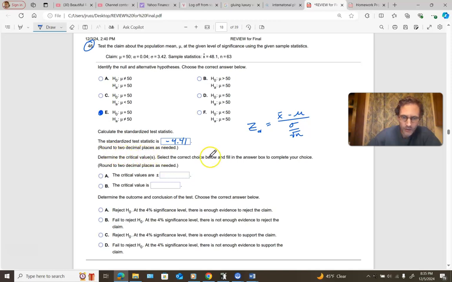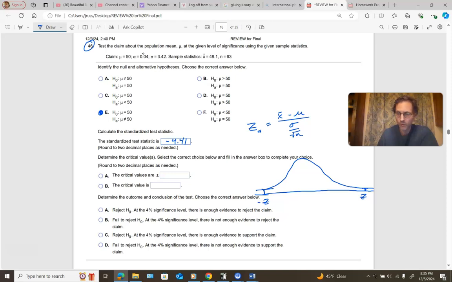And then it says determine the critical values. All right, so this is a right-tailed test. Oh, wait, no, it's a two-tailed test, I'm sorry. It's a two-tailed test. And so what we're trying to figure out, these critical values, this is your positive, and this one over here is your negative.